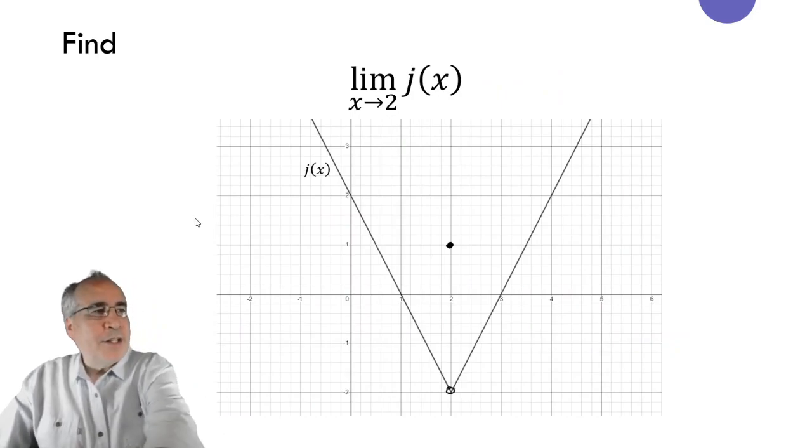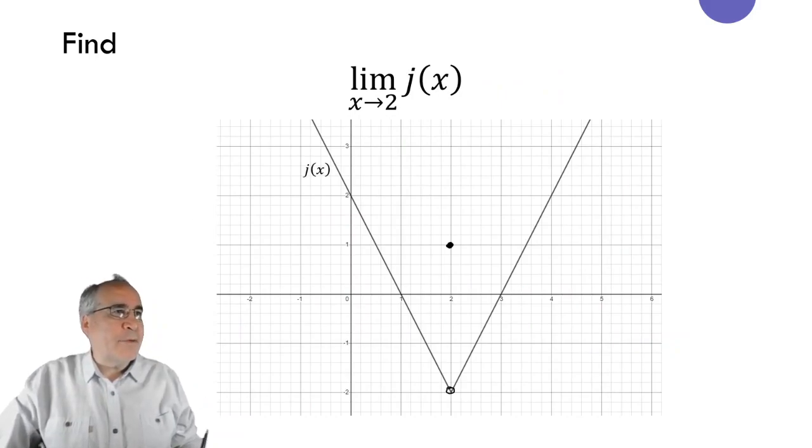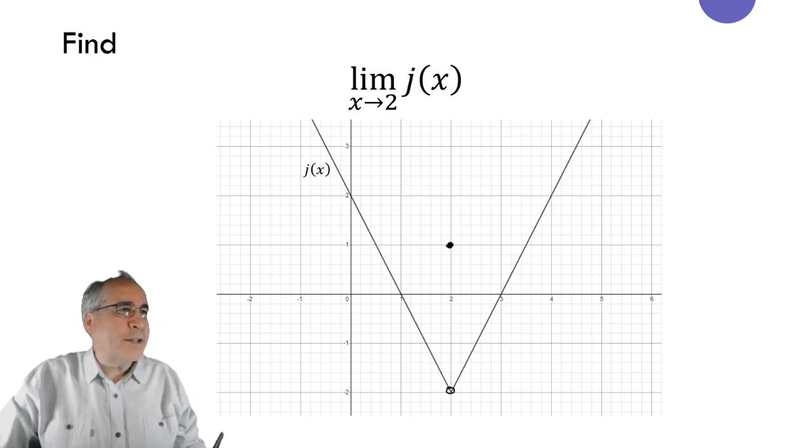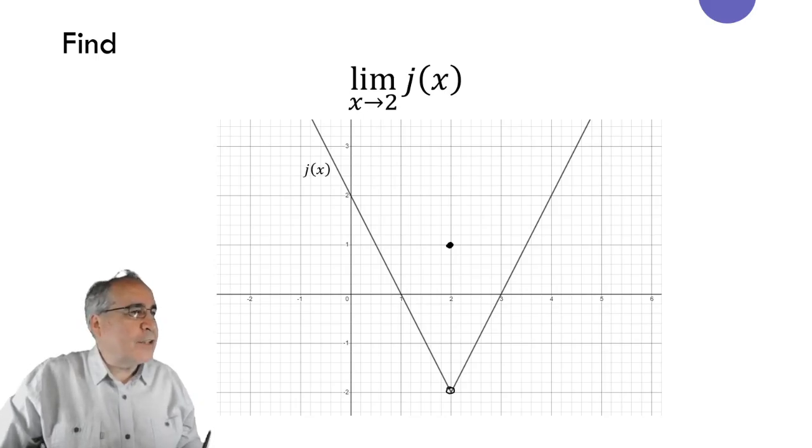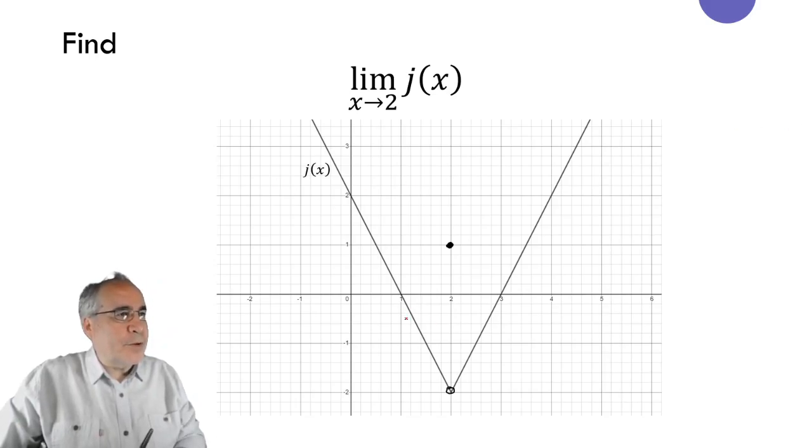Okay, so here's another limit. I created this graph, j of x, with decimals. And again, what we want to look at is what happens from the left and the right. So coming from the left, we trace along the function, and it looks like we're getting close to -2. Now notice there's an open circle here.